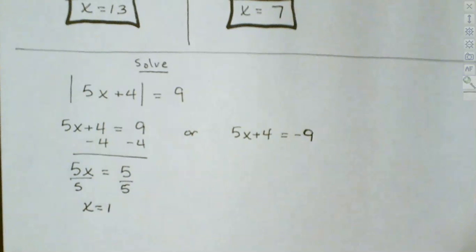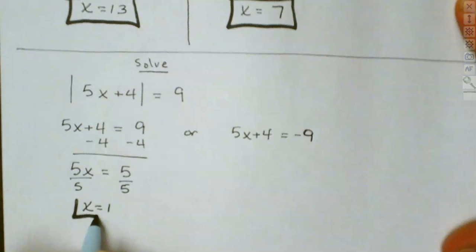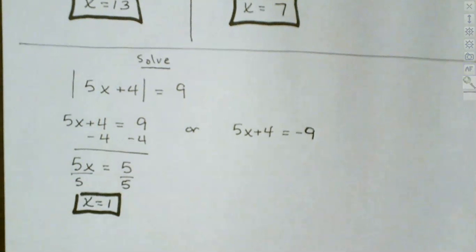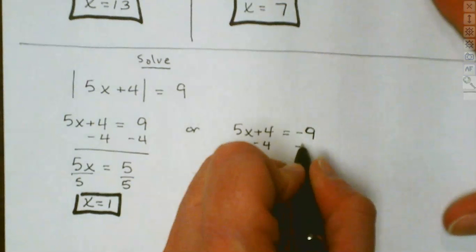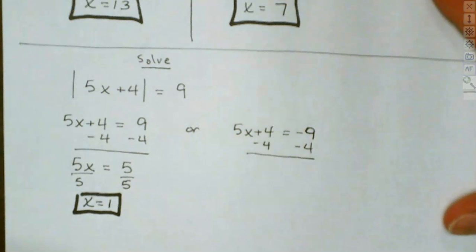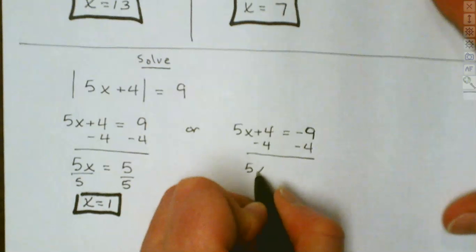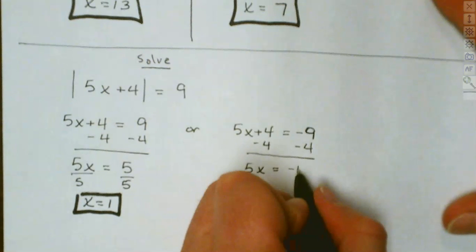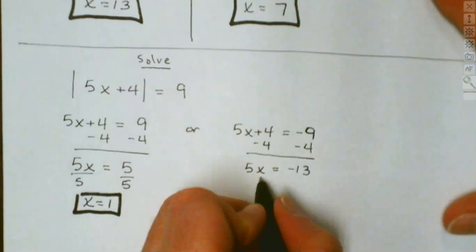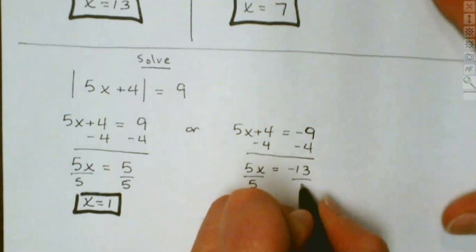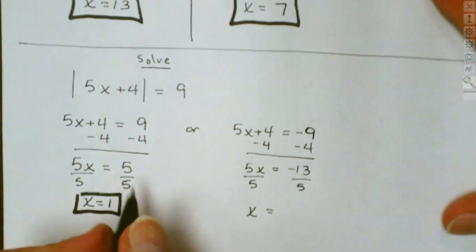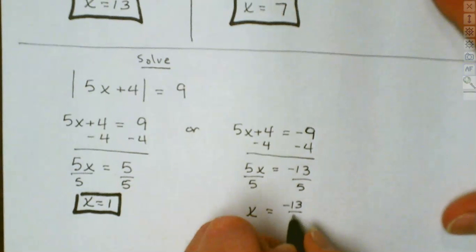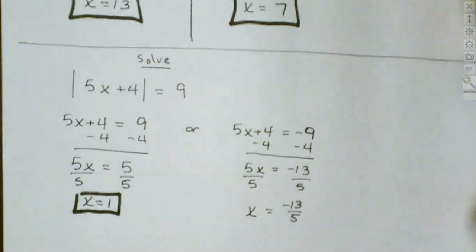So there's one of them. What about the other one? Same process. Move that 4 over. So that gives you then 5x equals a negative 13. Divide by your 5, and what's my other solution? X equals now a negative 13 over 5.